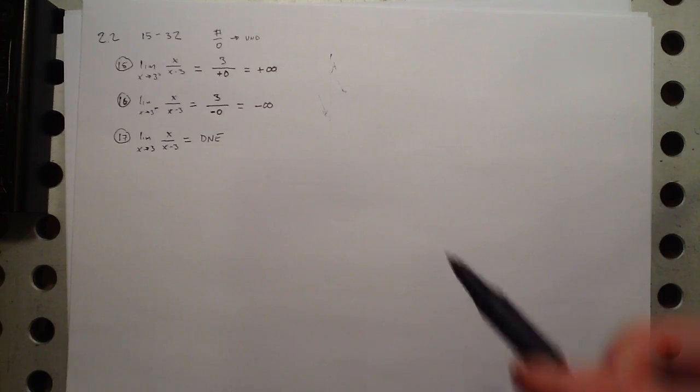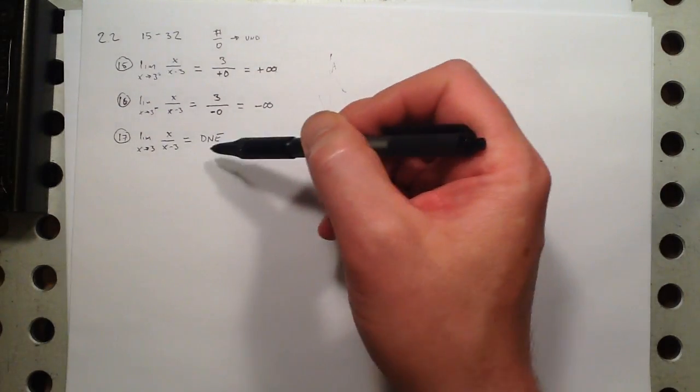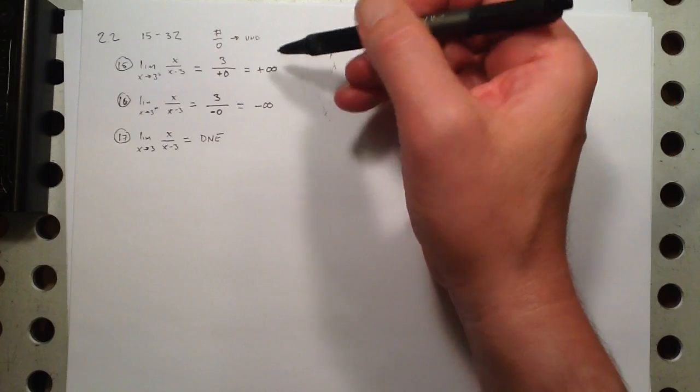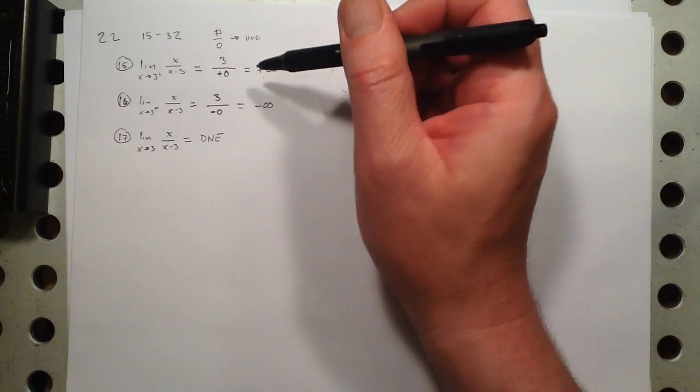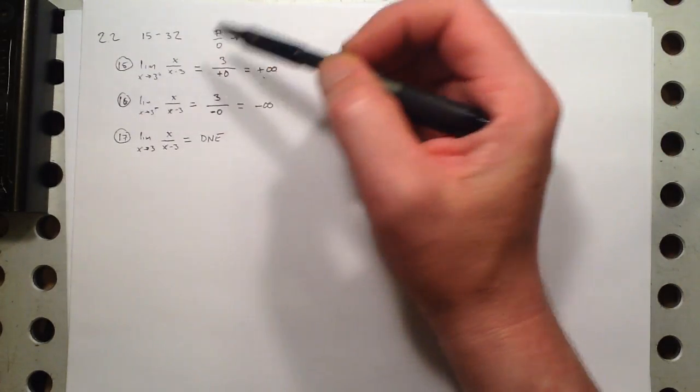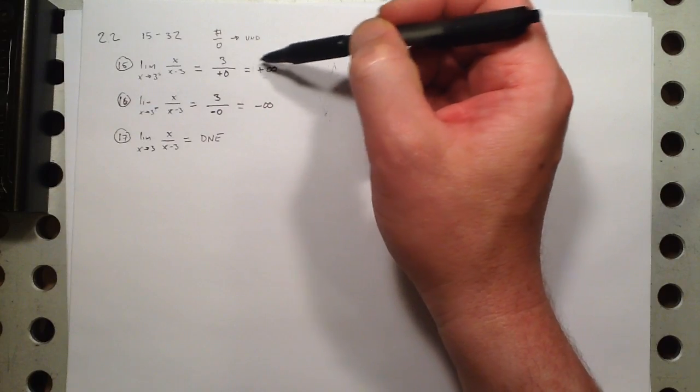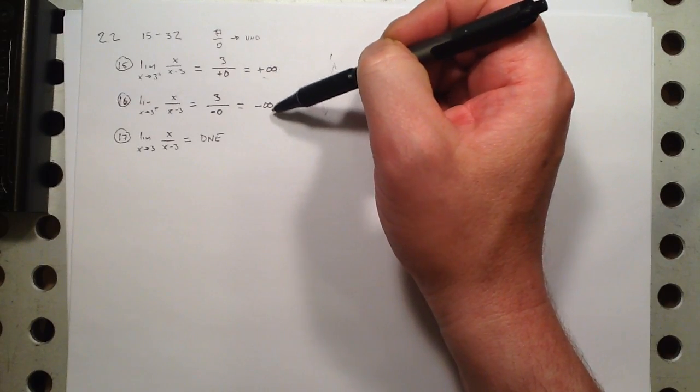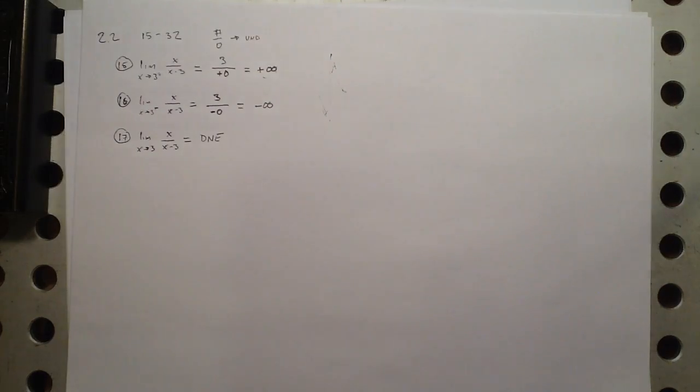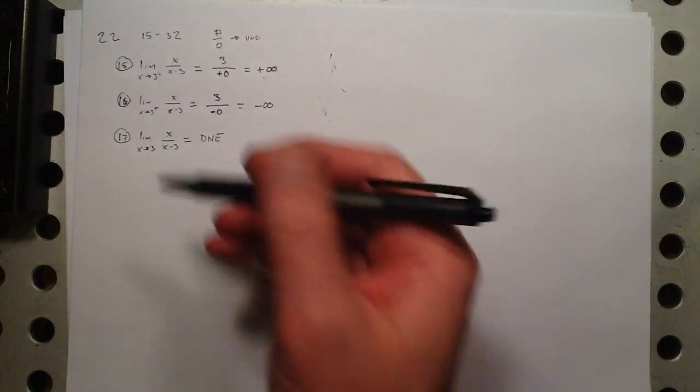And then really all of these are versions of non-existence. So it's not technically wrong here to say does not exist, but since it's a one-sided limit, we can include more information by saying it's positive infinity or negative infinity, and here that it does not exist because the two sides do not agree.